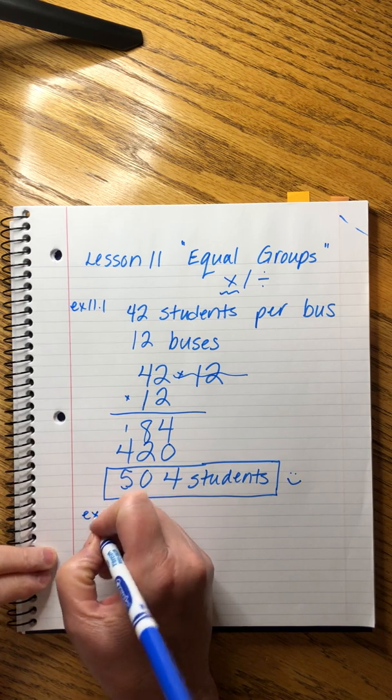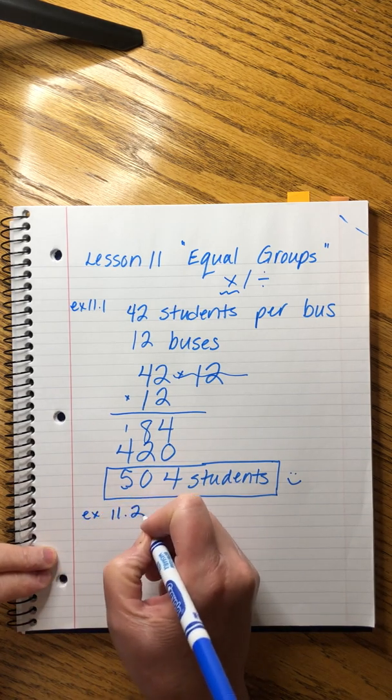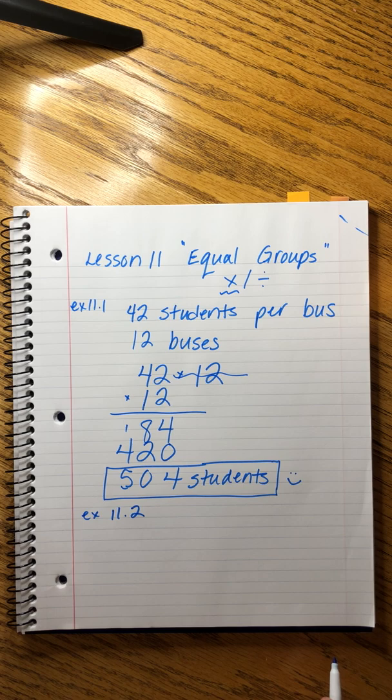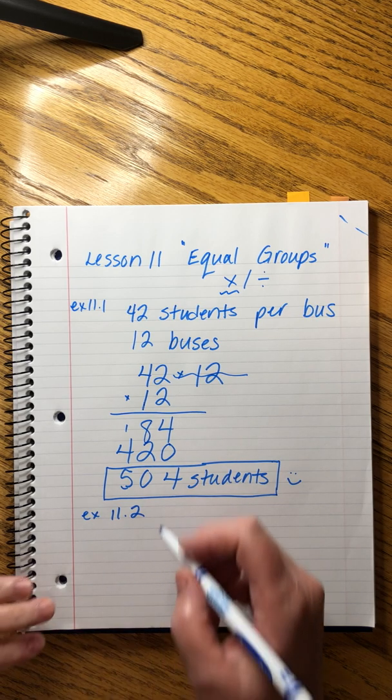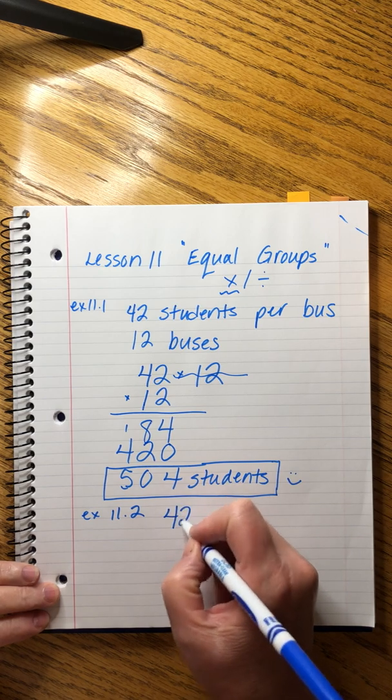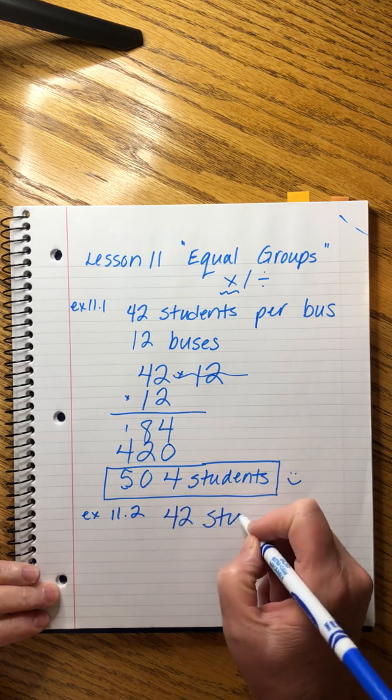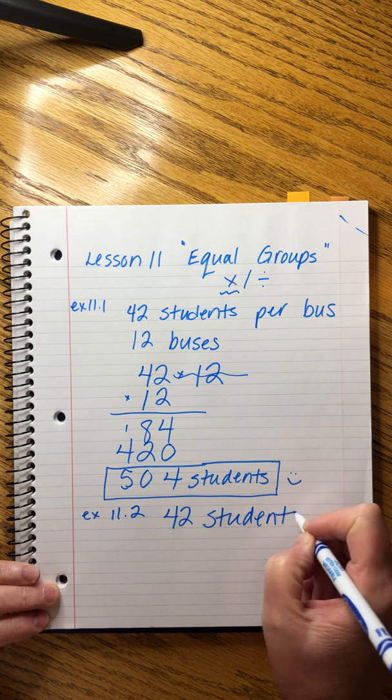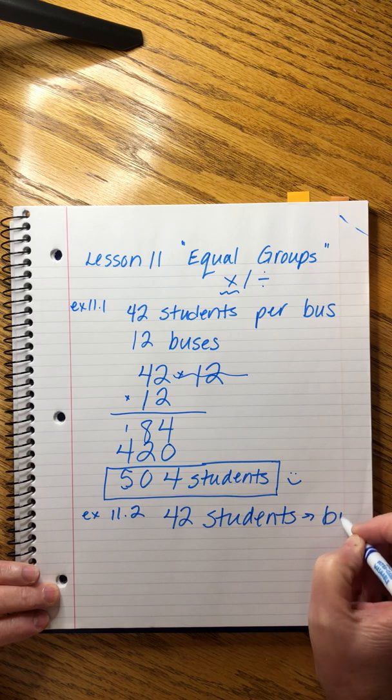Let's try another one. I hope that it fits on the page. Let's see if we can make it work. Ready? 42 students can ride on each bus. Okay, well, we already know that. It's the same as before. 42 students can ride on each bus.